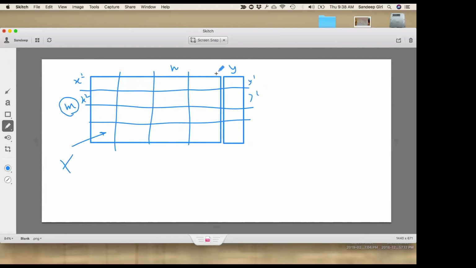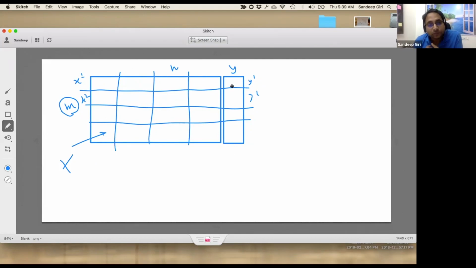Yeah, that makes sense. Based on this, we want to do the prediction. Now imagine we came up with some w's. We came up with, let's say, y equals w naught plus w1 x1 plus w2 x2.